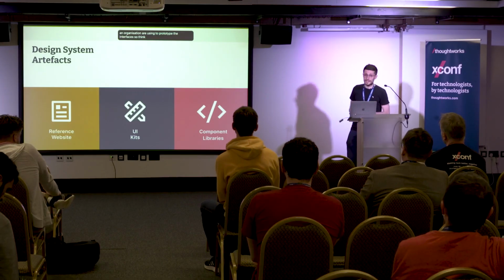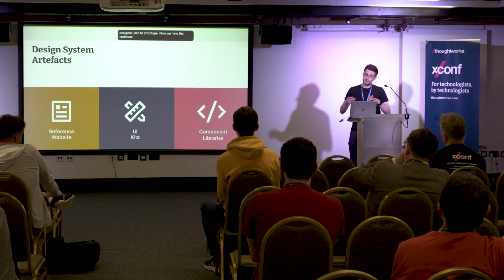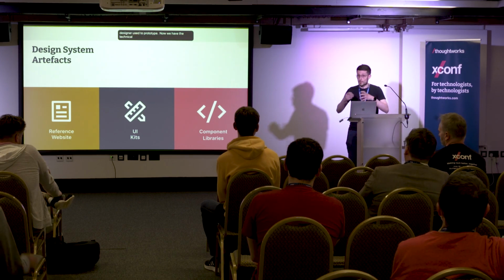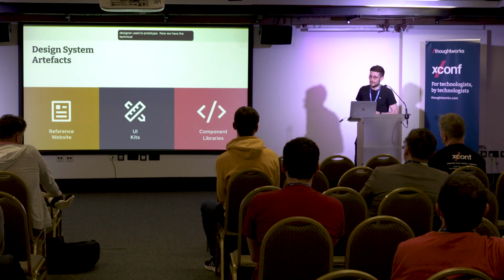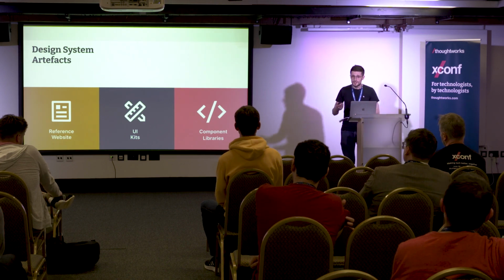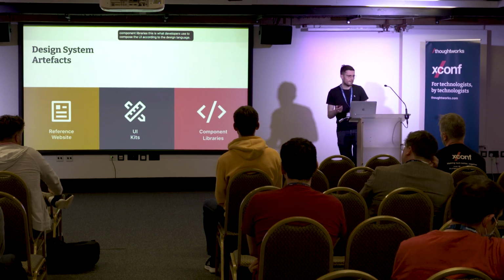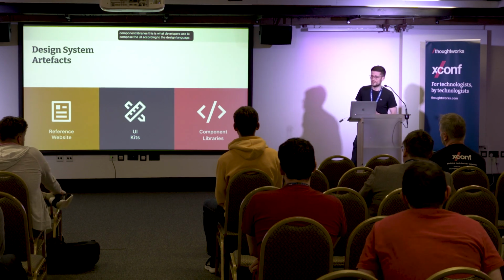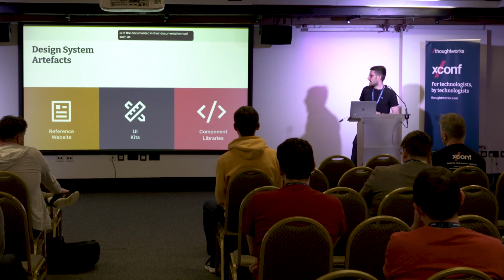And then we have the technical component libraries. This is what developers use to compose the UI according to the design language. They can do so by leveraging a set of APIs that is often documented in dev documentation tools such as Storybook, for example.